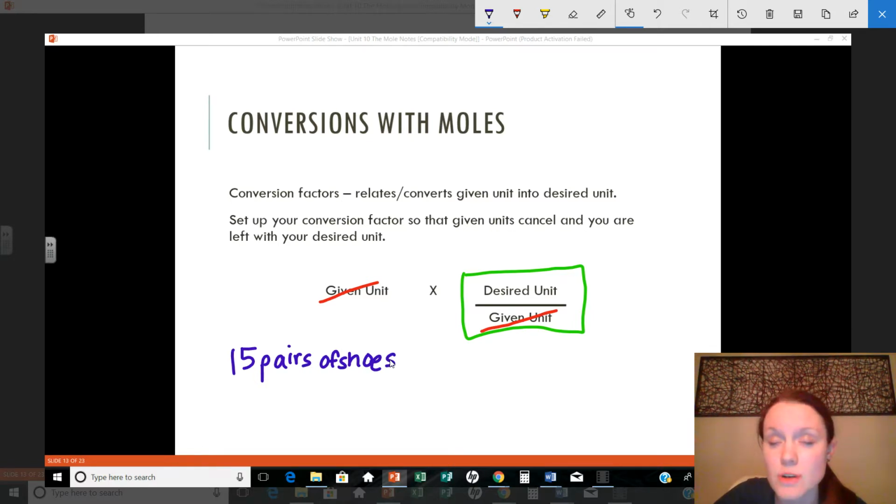I realize you could probably calculate that in your head, but I'm going to show you how to do it using a conversion factor. Here's where my conversion factor is going to go. My given unit was pairs of shoes, so 1 pair of shoes is what I'm going to put in my denominator.